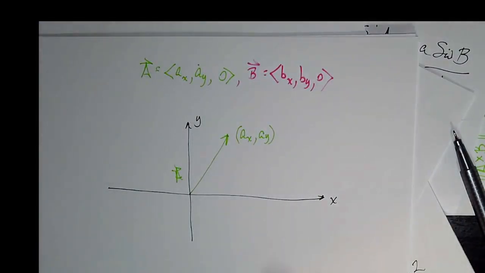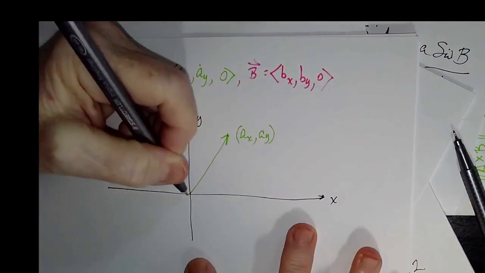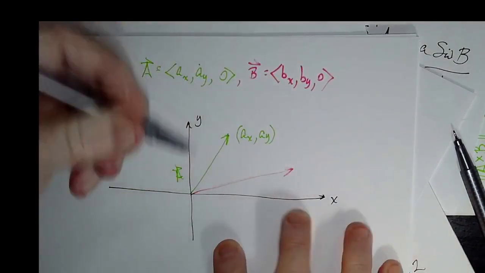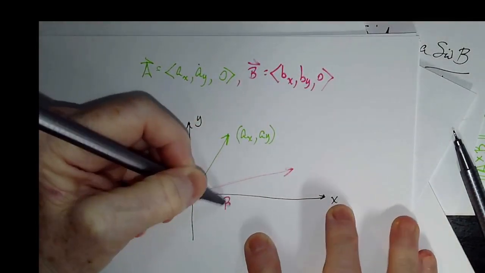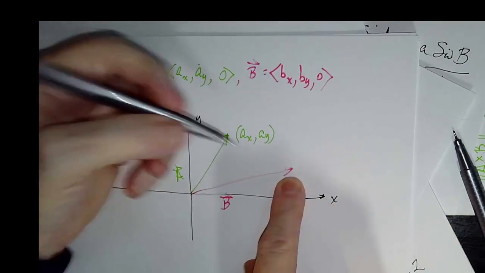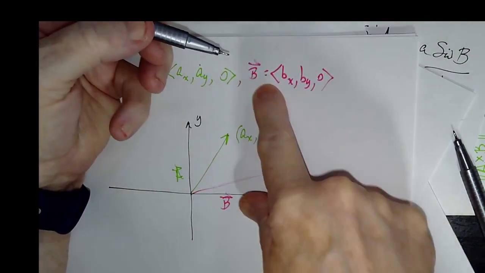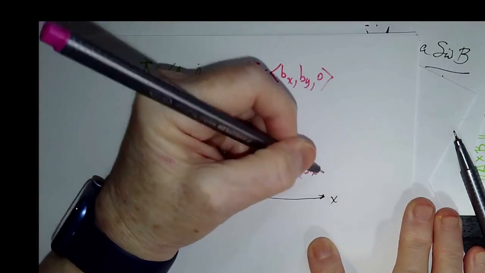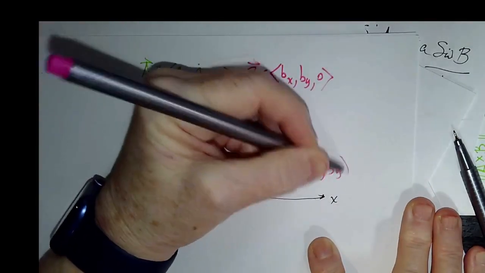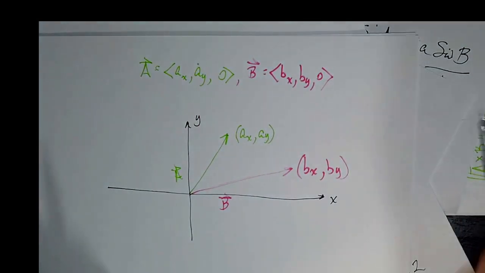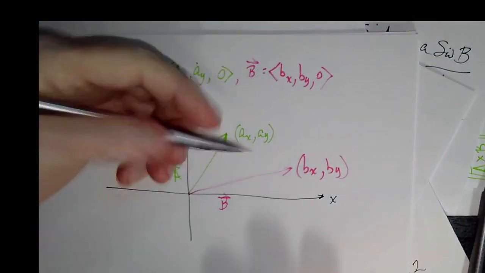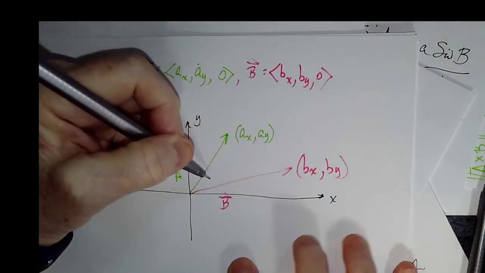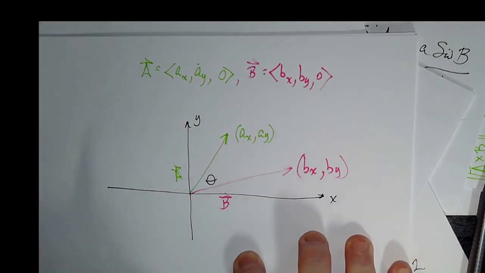And let's sketch B. So this point at the head of B is just BX, BY. And the angle that the two vectors make with one another is theta.